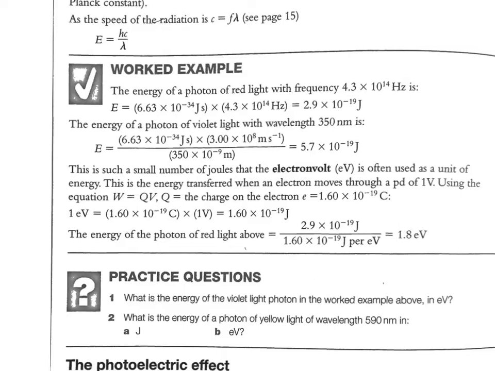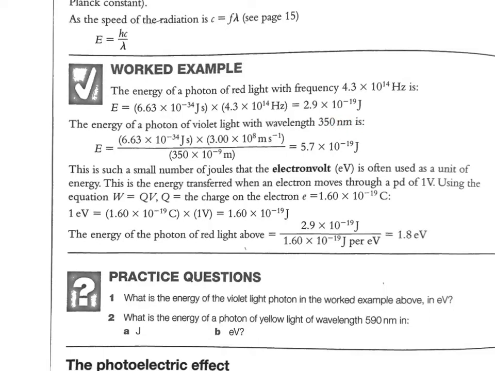The energy of a photon of violet light with a wavelength of 350 nanometers. Remember, nano is by 10 to the minus 9. So using this as the second equation, so you've got hc over lambda, the Planck's constant, times the speed of light in a vacuum divided by the wavelength, because that bit there is what gives us the frequency. 6.63 by 10 to the minus 34, 3 by 10 to the 8 speed of light in a vacuum, and divide that by the wavelength of 350 nanometers.